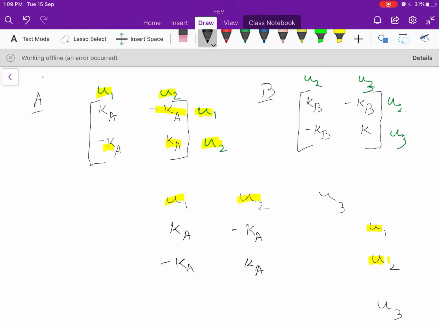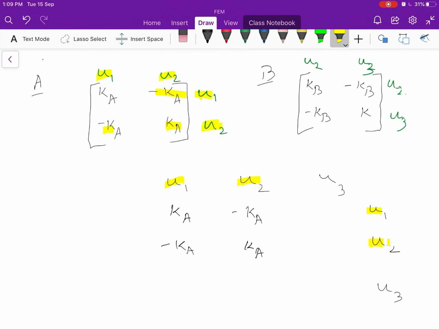Now this element 1 is over, so we head over to element 2, and in element 2 when we consider U2 and U2 we get Kb, but there is Ka already sitting here, so we'll just add this Kb. Similarly, when we consider U3 and U2, we get minus Kb.